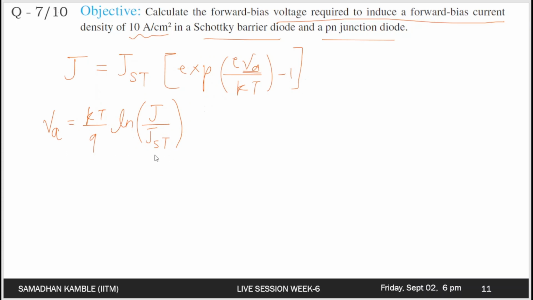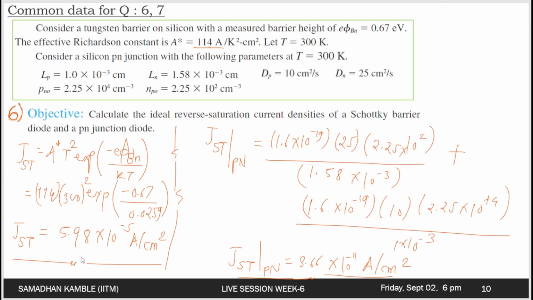Now let us substitute the values and find the forward bias voltage required in the Schottky case first. kT by q we can substitute as 0.0259 times ln of the forward bias current they have asked, which is 10 ampere per centimeter square, so 10, over the reverse saturation current that we calculated for the Schottky case, which was 5.98 times 10 to the power minus 5.